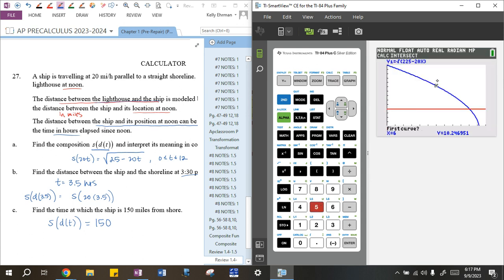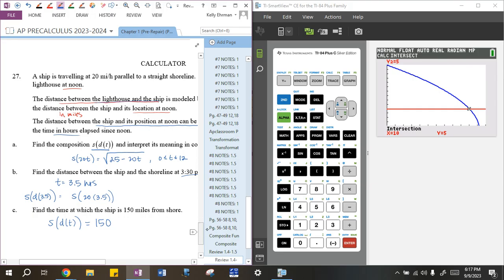It just means if you have several graphs on here, it wants to know which two you want the intersection of. So just press enter. Second curve, press enter. Guess, press enter, and it'll tell you a point of intersection. Okay, this obviously is not the correct answer. I need to go back and find what the function should have been for this, and then I'll have it squared away for the key.